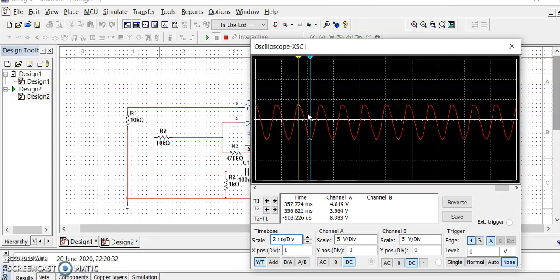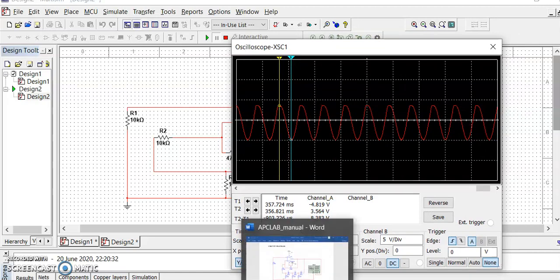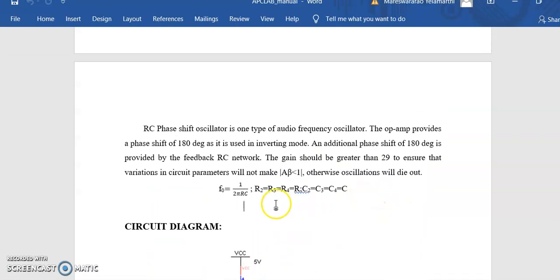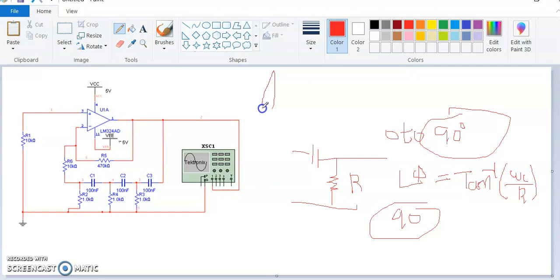After calculating this frequency, we need to verify it with the theoretical values. The theoretical frequency equation is f naught equals 1 by 2 pi RC into square root of 6.